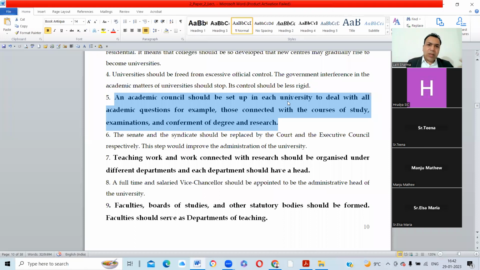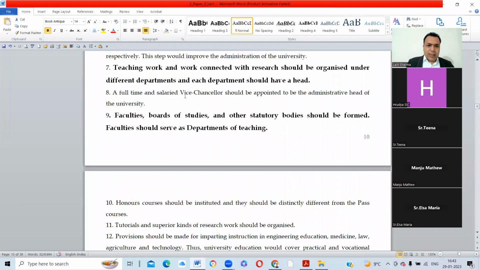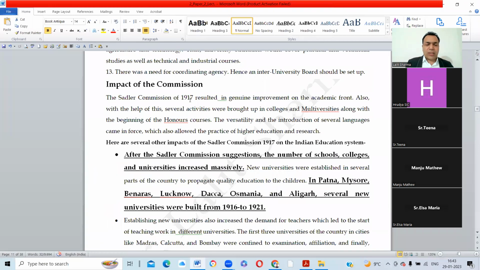But we are talking about that time. A lot of efforts were made to improve this system, and the result is that today we are getting an organized structure, but there are also a lot of problems. So these are all about the Sadler Commission.